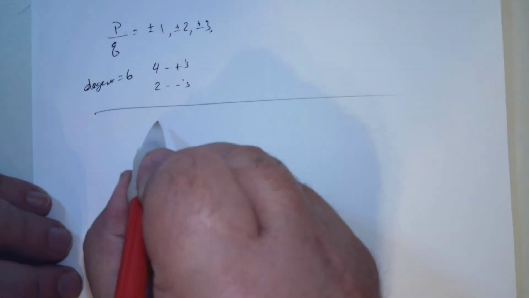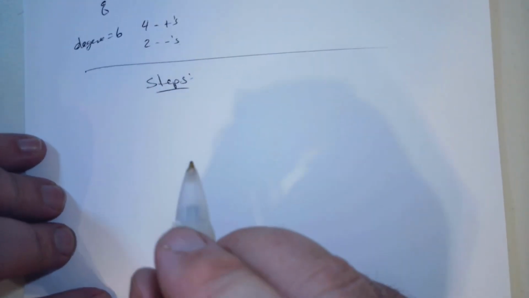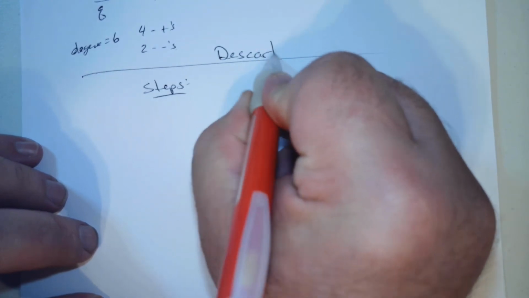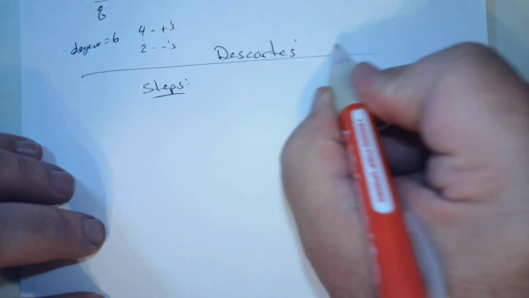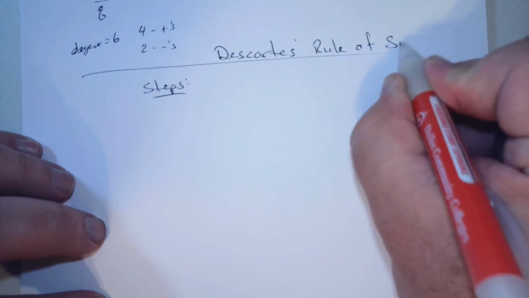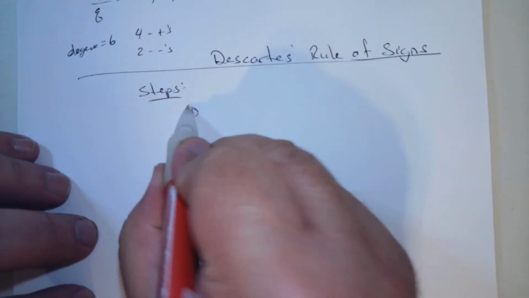Alright, so here are the steps. Descartes' rule of signs. Step 1.